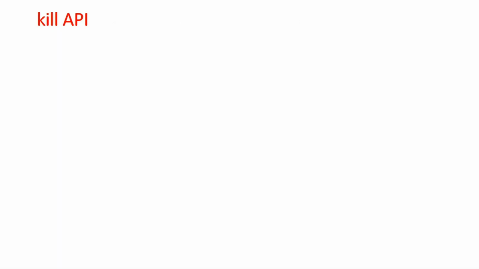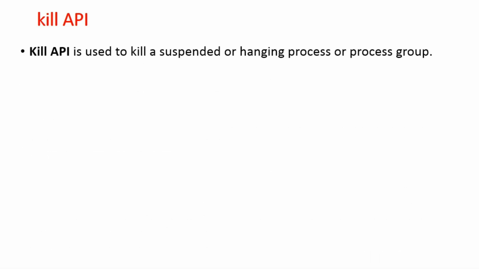The next one is the kill API. The kill API is used to kill a suspended or hanging process or process group. By calling this kill API, you can kill a suspended or hanging process or process group. A process group contains more than one process.